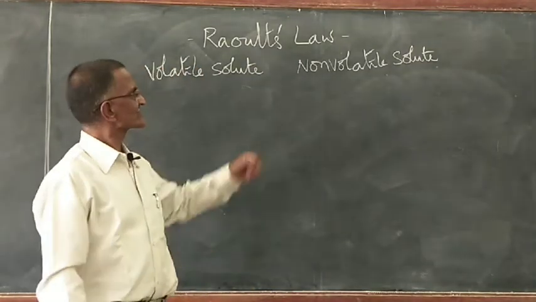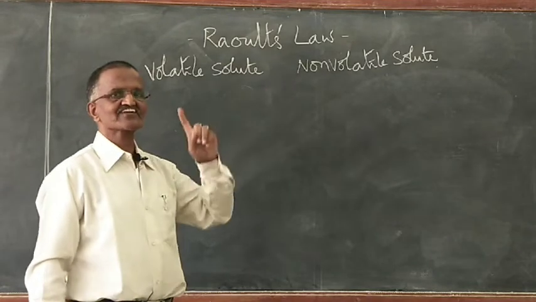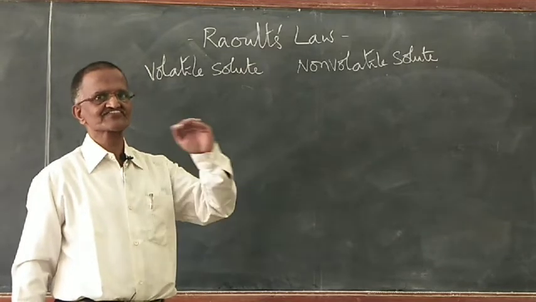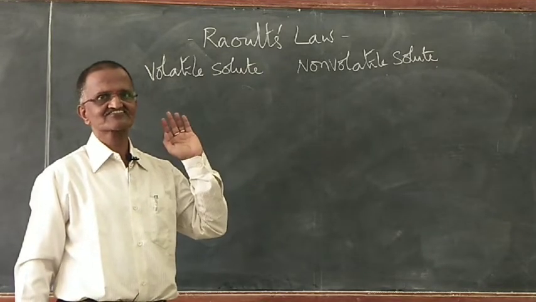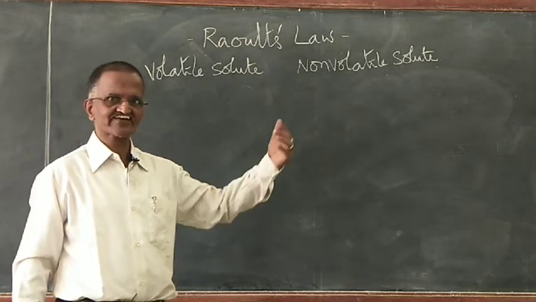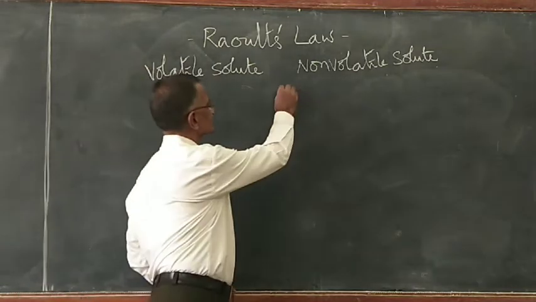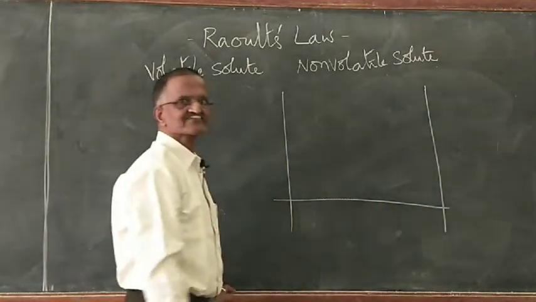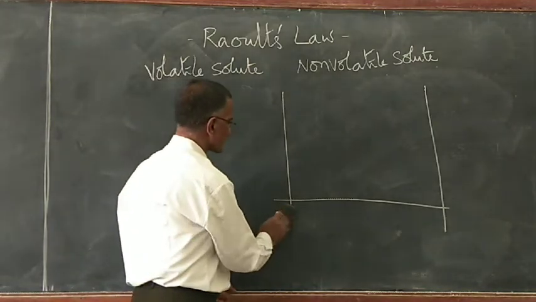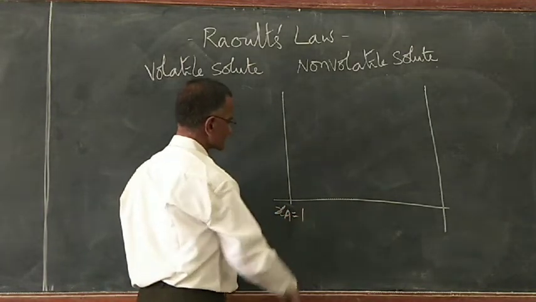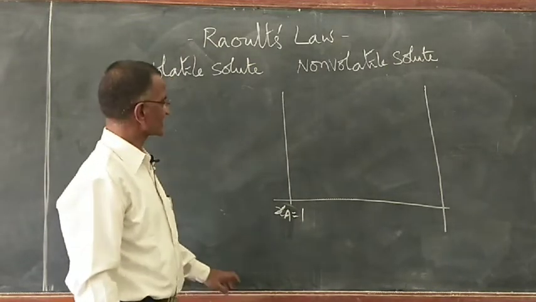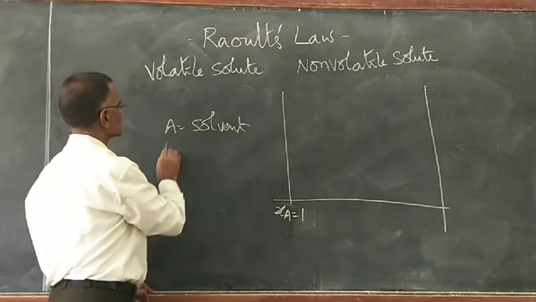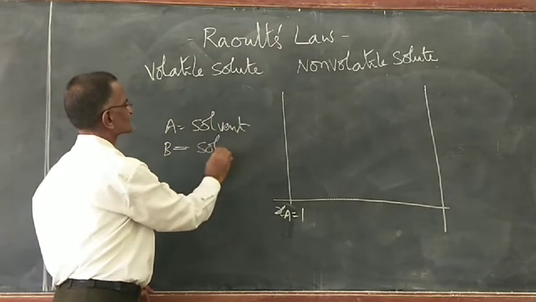Moving further, if my solvent alone is volatile and I add a non-volatile solute, what will happen to the total pressure on the solution? For that also let us draw a graph and understand. Again, start with Xa equal to 1, and A is the solvent for me and B is the solute.